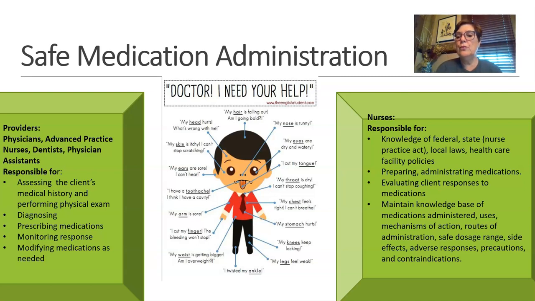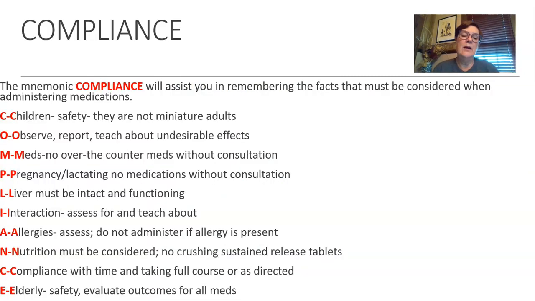So there's no way that you can remember 10,000 drugs that are out there. Just know that for the drug that you are responsible for giving to a patient, you need to have looked it up and understand what you're giving and what you need to monitor for. I have put this little mnemonic, COMPLIANCE, that will assist you in remembering the facts that you have to consider when you're administering medications.